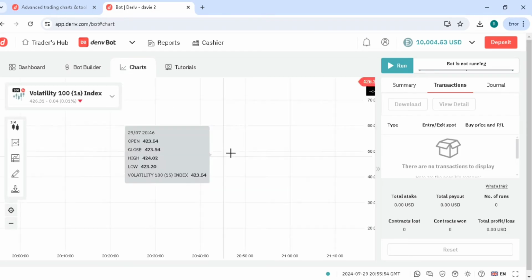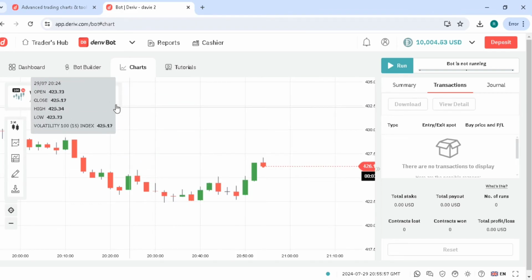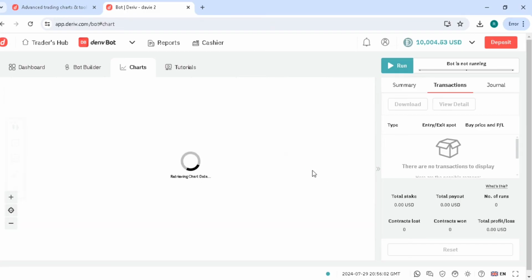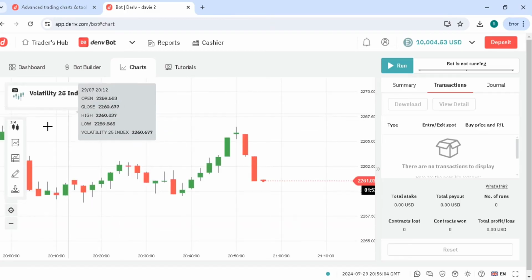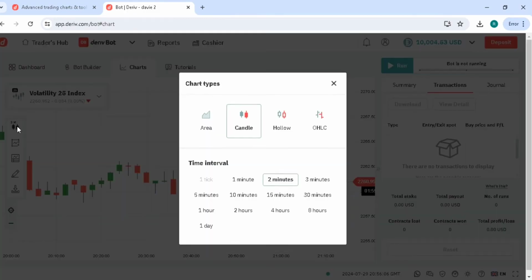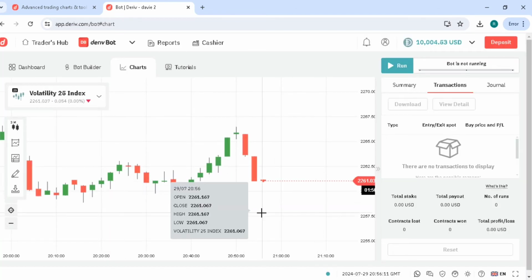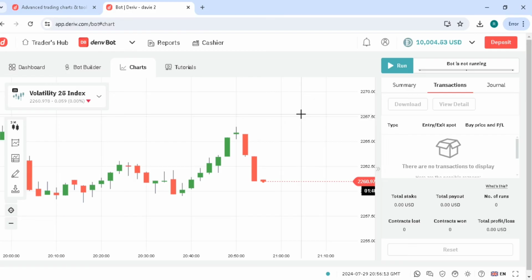Once you click on that, and this is V25, you change the market to V25 over here, and then the time frame is 2. Already that is 2. Okay, and it's a fall. Now this is how you enter a market.